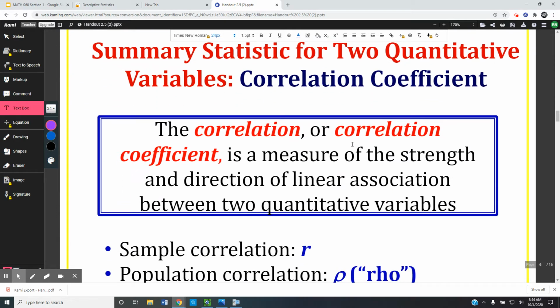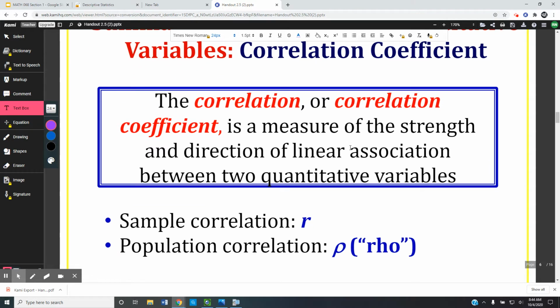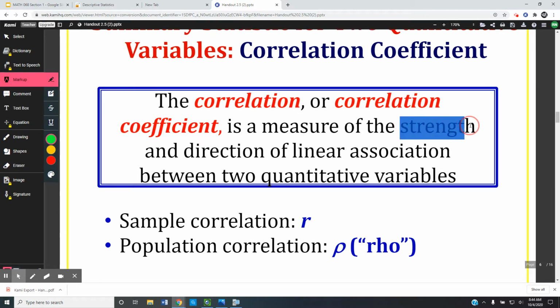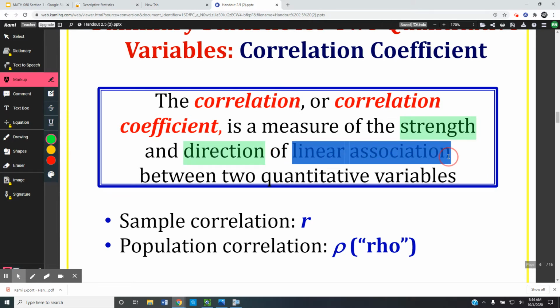A summary statistic for two quantitative variables. We use the correlation coefficient. The correlation coefficient, or referred to as just simply the correlation, is the measure of strength. I do a little highlighting here because that's important. It's the measure of strength and it's a measure of direction of a linear association.